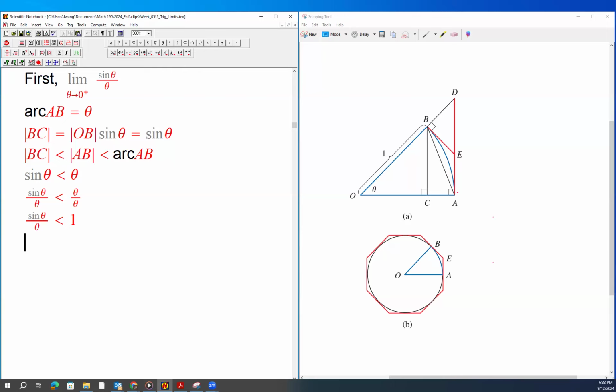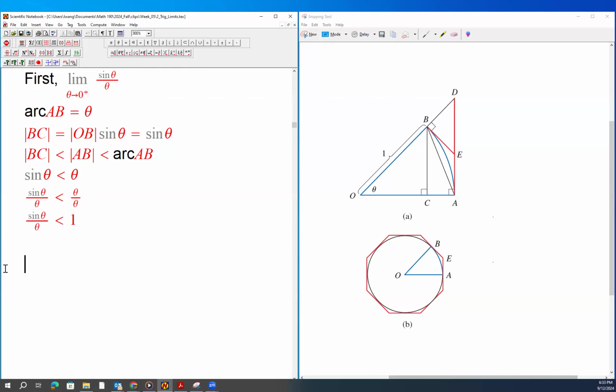We're also going to look at BE and EA. We're still trying to work on this limit, but we know the arc AB is smaller than BE plus EA.